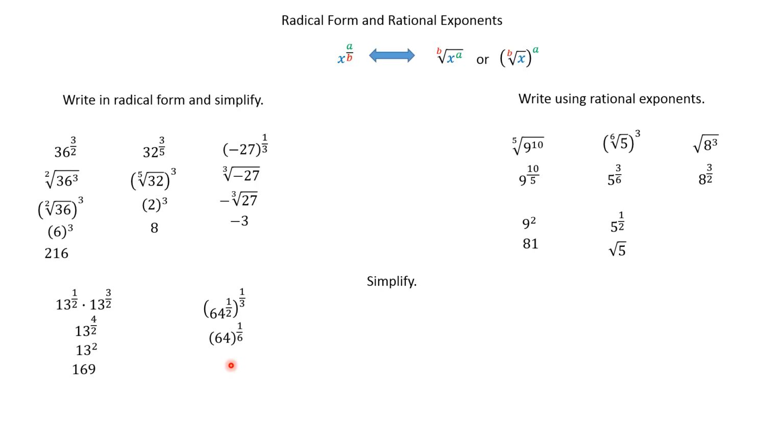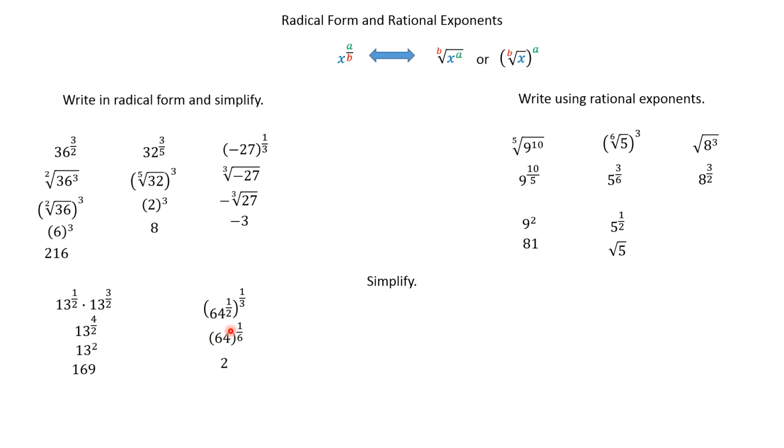What times itself 6 times equals 64? Based on our numbers, probably 2. And look, 2, 5 times equals 32. Well, 32 times 2 is 64. 64 is 2 to the 6th. And so that's just 2.